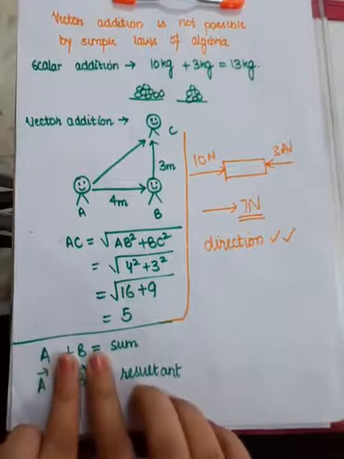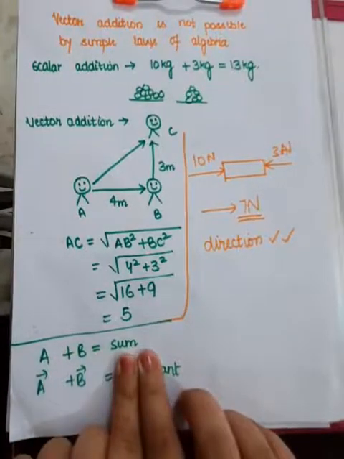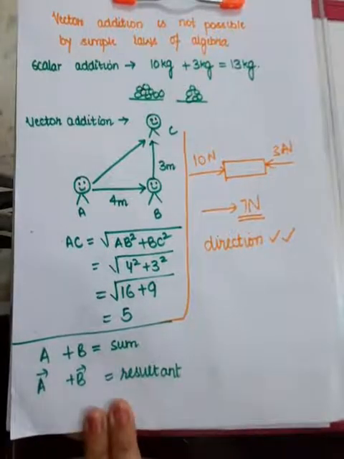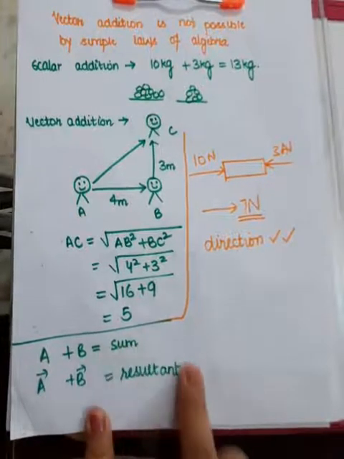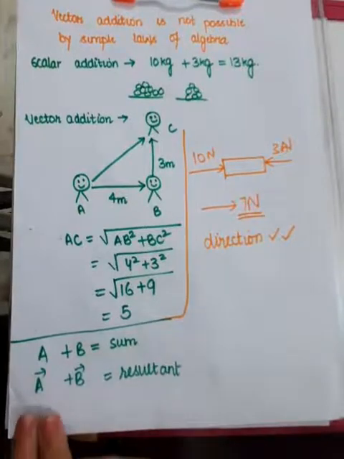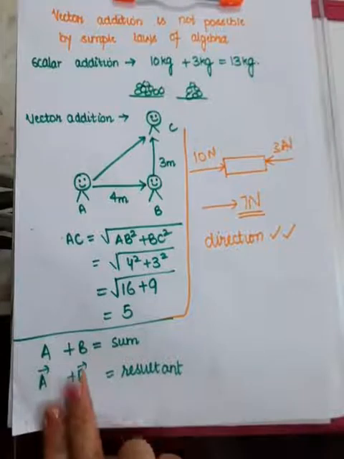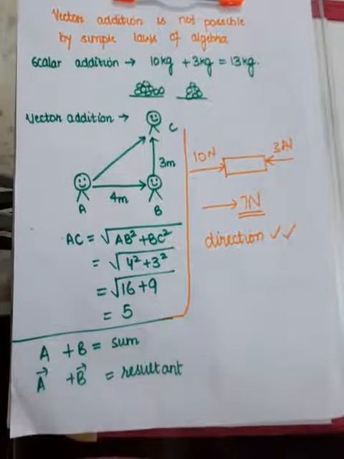So vector a plus vector b will give you the resultant, and resultant means we are finding out the overall effect of a and b. This plus sign is also not the one that you have been using. This means we are finding out the overall effect.